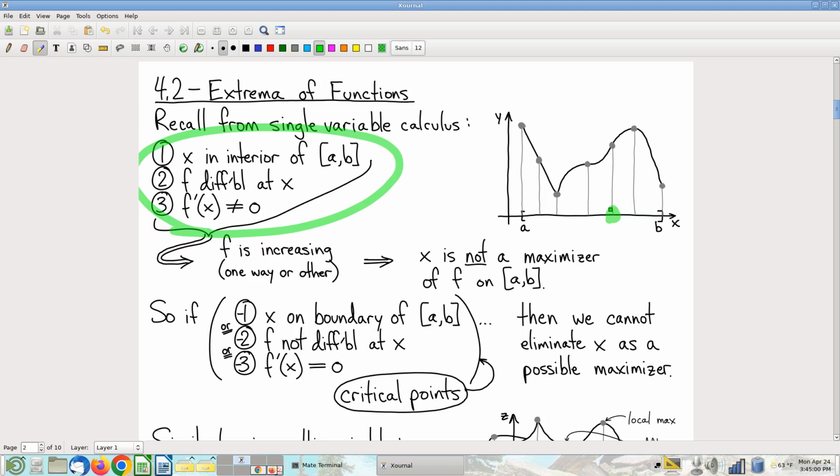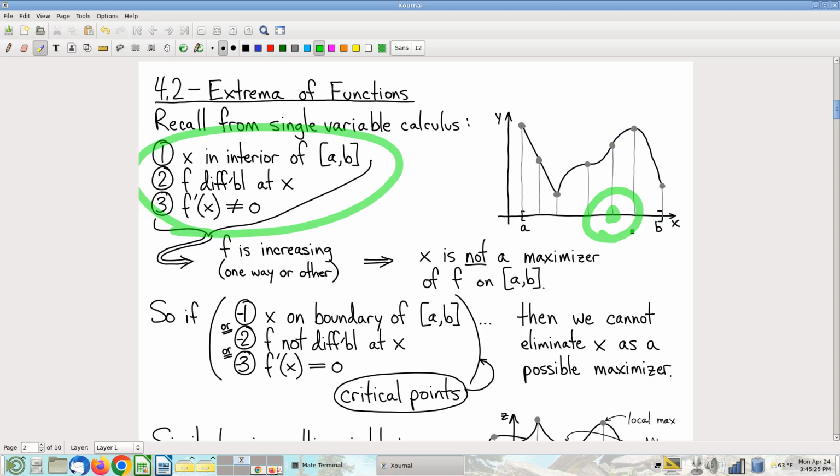That point being in the interior of the interval, presumably, for the purposes of this example, the function is differentiable there, so we can do calculus. And let's suppose that the derivative is non-zero, as the graph kind of suggests that it is. That being the case, I claim that there is no way that could be a maximizer.